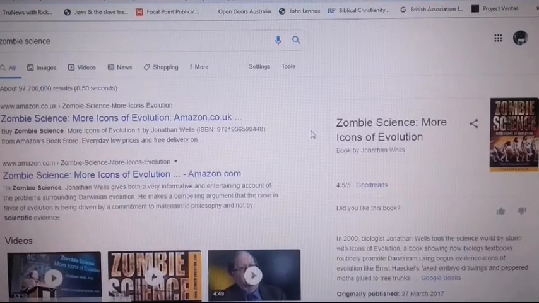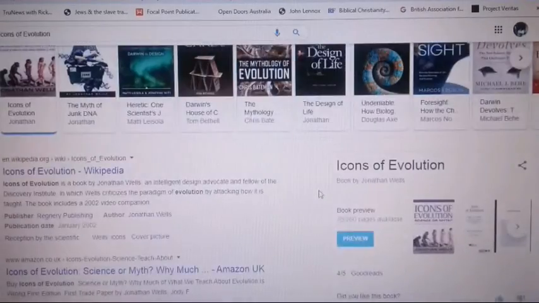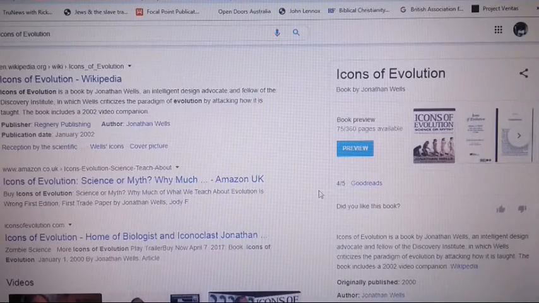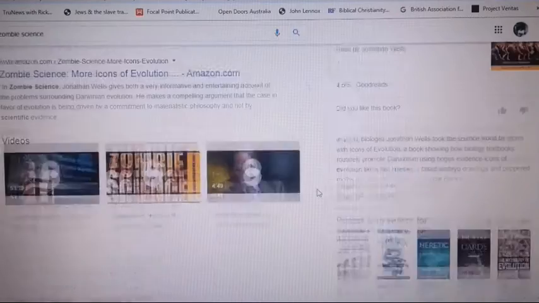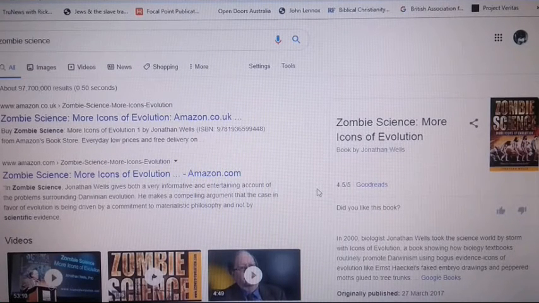And specifically, this book's a follow-up based on an earlier one that he wrote in 2000, Icons of Evolution, and it is to do with how evolution is taught in school. So we will look at that description of the book now.